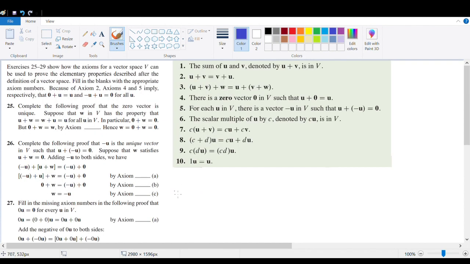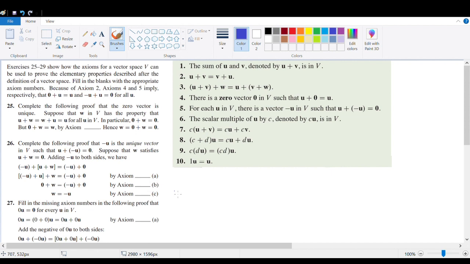In exercises 25 to 29, show how the axioms for a vector space V can be used to prove the elementary properties described after the definition of a vector space. Fill in the blanks with the appropriate axiom numbers. Because of axiom 2, axiom 4, and axiom 5 imply, respectively, that 0 plus u is equal to u, and minus u plus u is equal to 0 for all u.